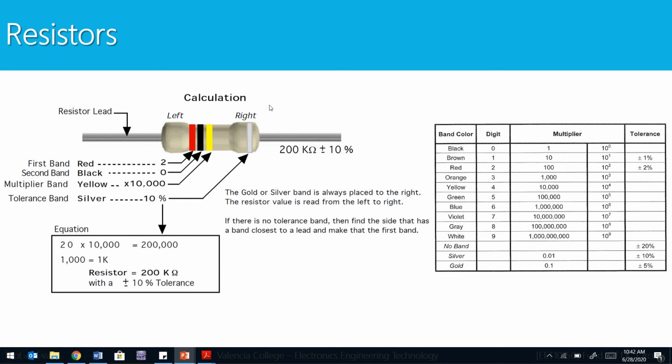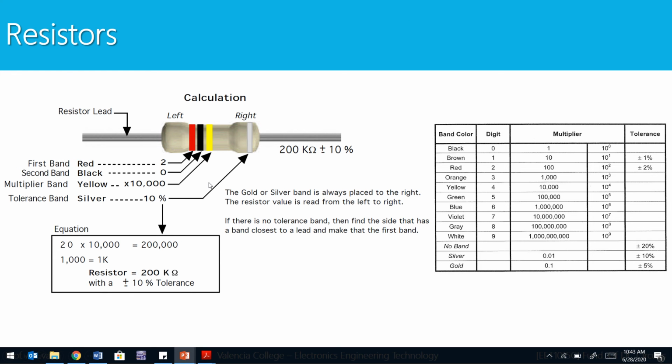To calculate the value of this resistor, we take 20 and multiply by the value of the multiplier band, which in this case is 10,000. That gives us 200,000 ohms. But remember, we're not going to write down 200,000 ohms. We're going to convert that into engineering notation, which means we take the decimal point right at the end of this 200,000 and move it 3 spaces to the left, giving us a value of 200 kiloohms.